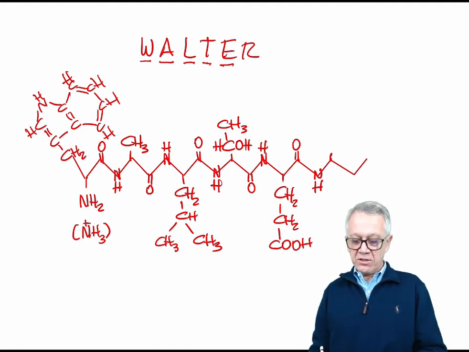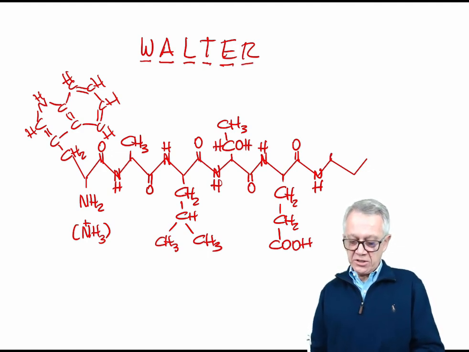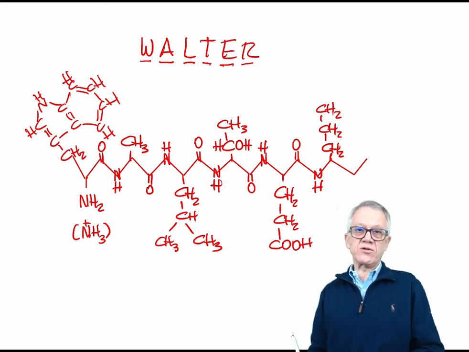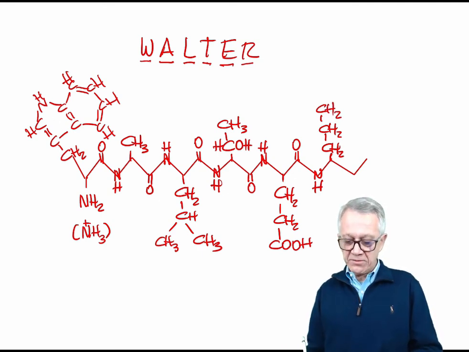Side chain now is arginine. So arginine has 3 methylene, CH2, CH2, CH2. If you run out of space, you can put CH through 3 times.